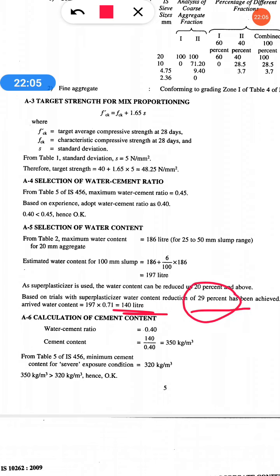So for 197, if you have to reduce 29%, what percent do you have to take? 71%. No, 71 plus 29, how much? 100, na. So you have to reduce 29% of the water, then ultimately you have to take 71% of that water. So 197 into 0.71, this will become 140 liter. Okay, means 71% you have to take if you are reducing 29%.